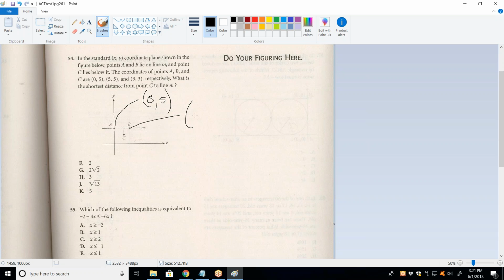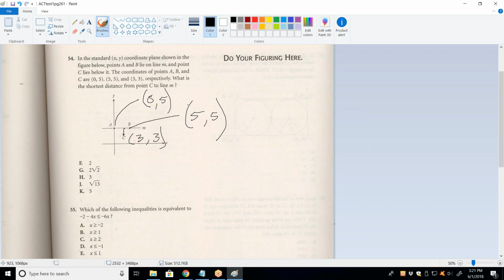Now, even though it doesn't look like that, that's 5, comma 5. And C is 3, comma 3. What is this distance right there?